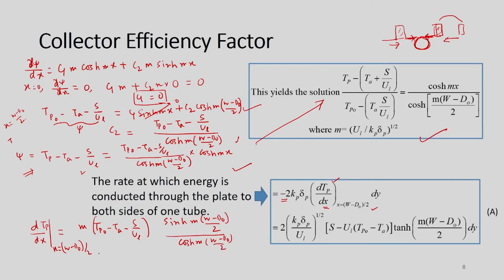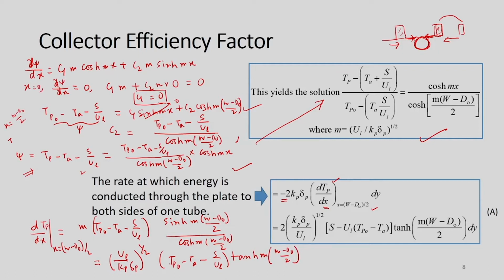So, this will give a value of something like square root of UL by Kp δP, and then we have Tpo minus Ta minus S by UL multiplied by tanh of m(W minus D naught by 2), okay.